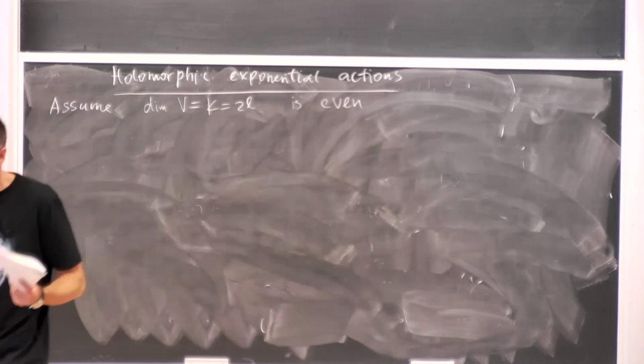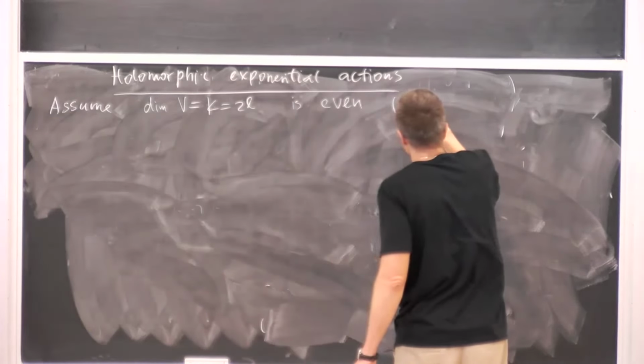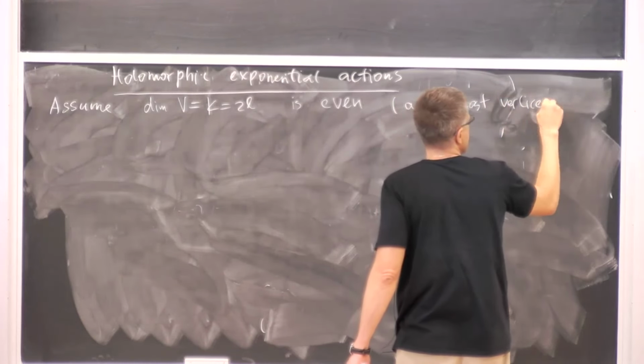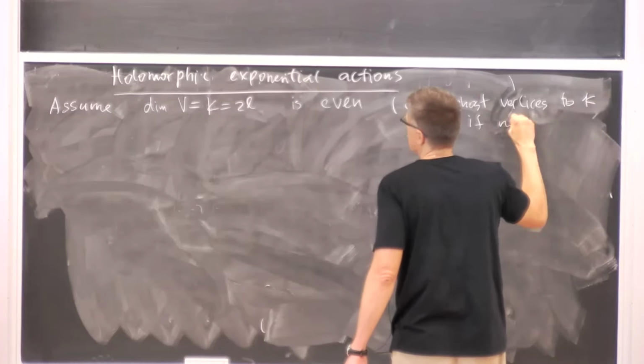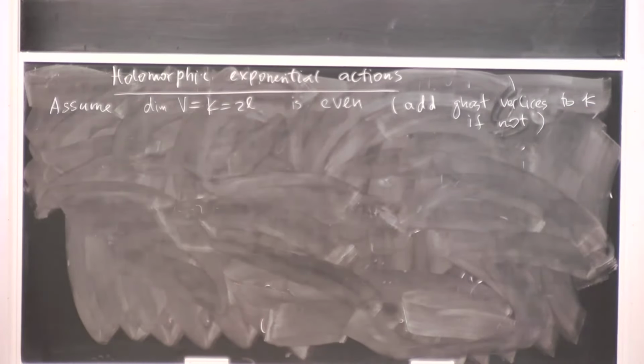For those of you who are familiar with the combinatorial part of toric topology, you know that's not really a big restriction, because you can always achieve that by adding ghost vertices to K. Here everything is happening in m-dimensional space, and if you have fan data, that's happening in n-dimensional space.